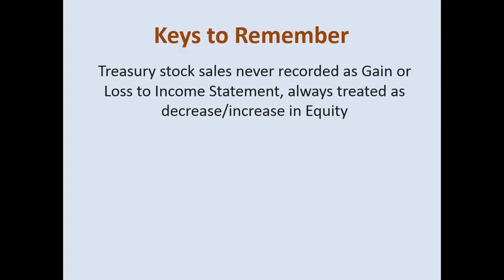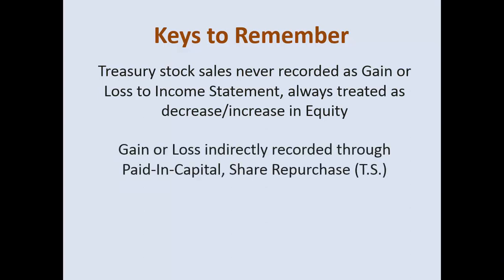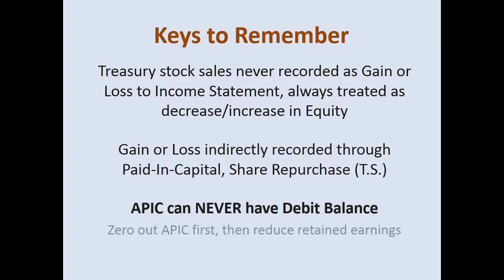The key to remember, treasury stock sales never record a gain or loss to the income statement. It always bypasses and is adjusted to an equity account. And you can never have a negative balance on that account. If you have a loss and you don't have anything in paid-in capital share repurchase, it all comes out of retained earnings.